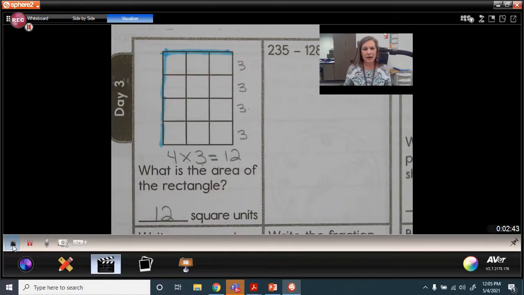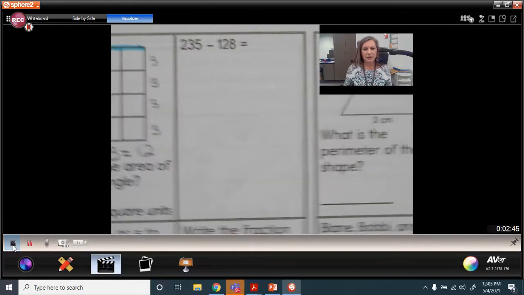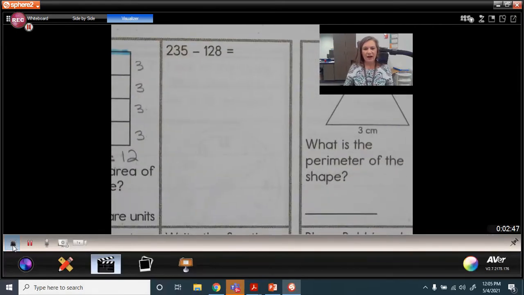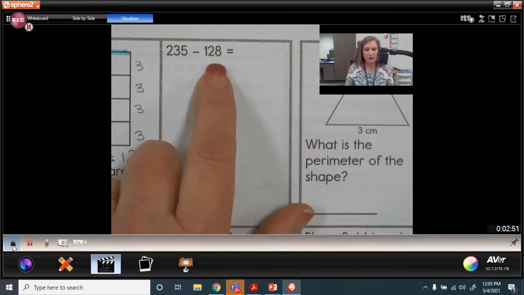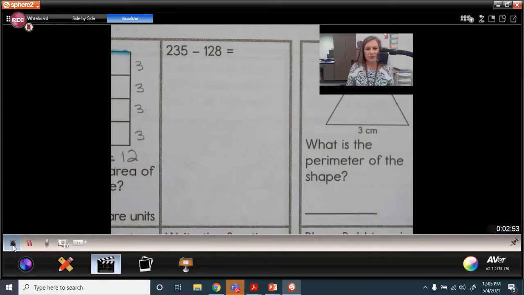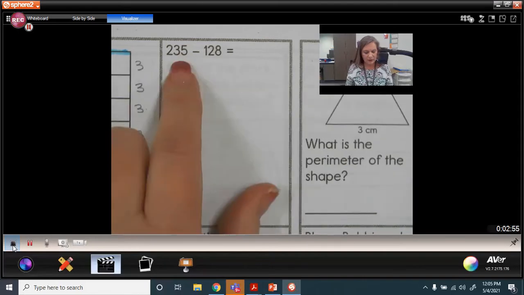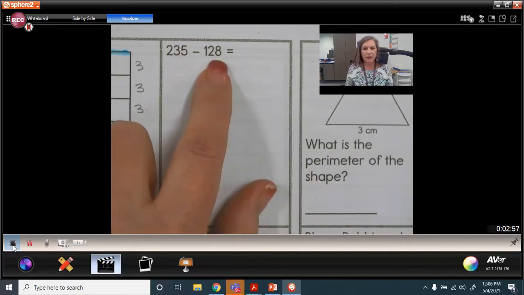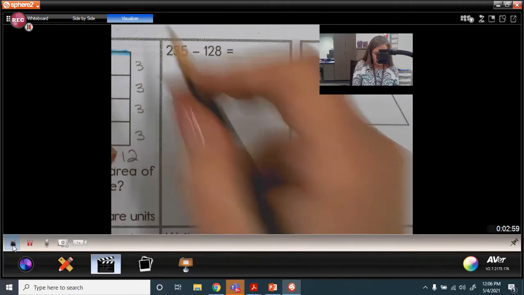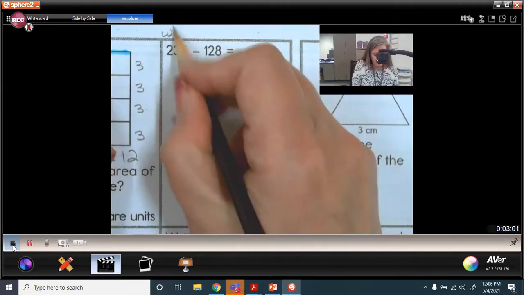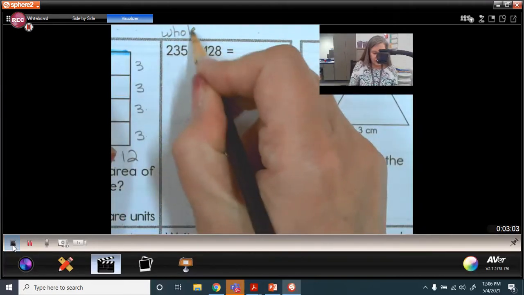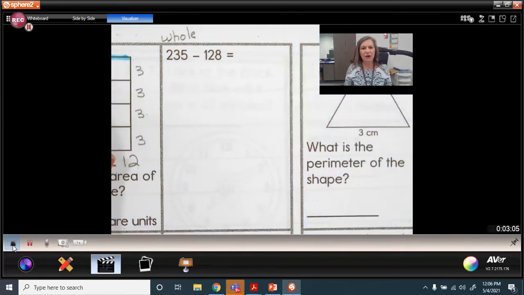All right, let's now take a look at 235 minus 128. So I'm going to do a little bit of review here with you on what these numbers tell me in my equation. My first number is the whole. There are 235 of something.